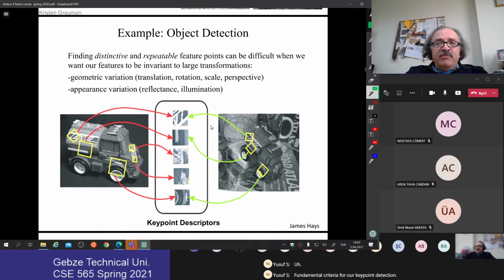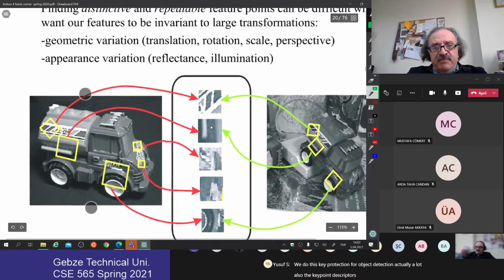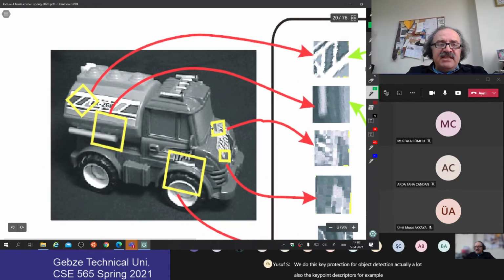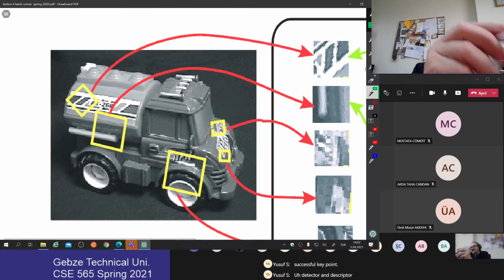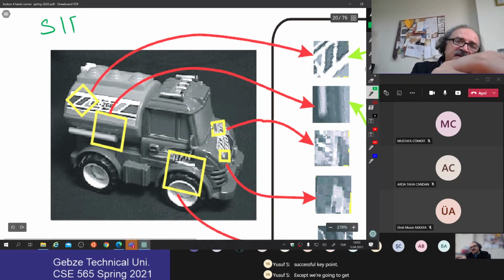We do this key point detection for object detection actually a lot, also the key point descriptors. For example, there is a very successful key point detector and descriptor. It's called SIFT, and we are going to look at it.